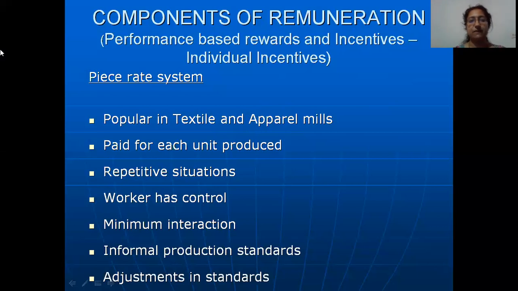And of course, you can also see a piece rate system in online question and answer sessions, which you might have heard about. You might have heard about companies like checkindia.com. These companies also pay on the basis of the output produced.